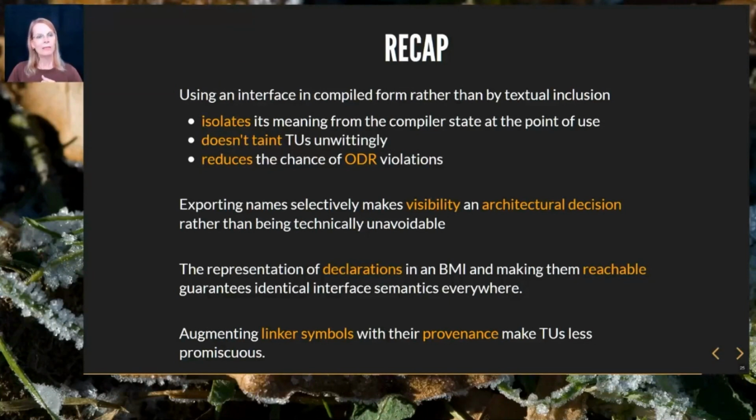Exporting names selectively makes visibility an architectural decision rather than being technically unavoidable. The representation of declarations in a BMI and making them reachable guarantees identical interface semantics everywhere. And lastly, augmenting linker symbols with their provenance makes T-use less promiscuous.